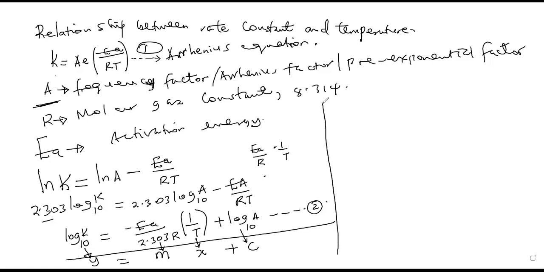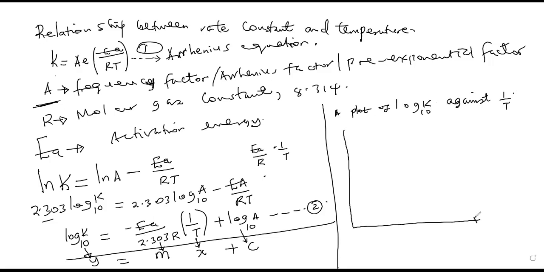So in short, what I'm trying to drive you to is that when you plot log 10 of K against 1 over T, you see the gradient is negative, and therefore we shall have a negative line.